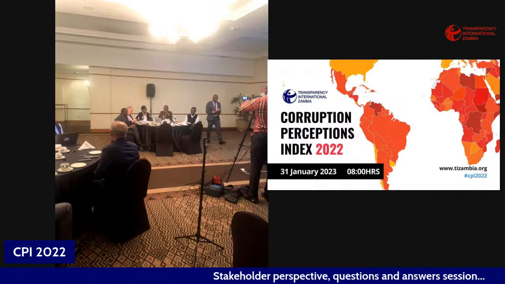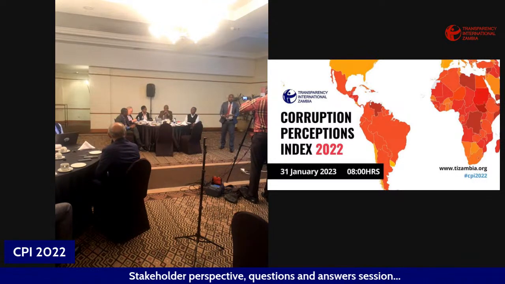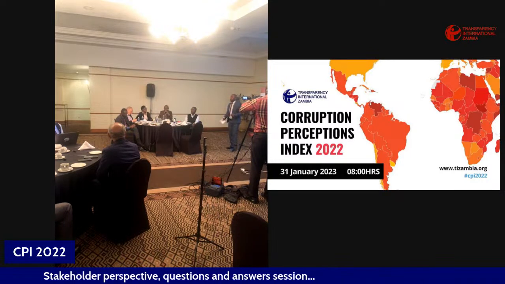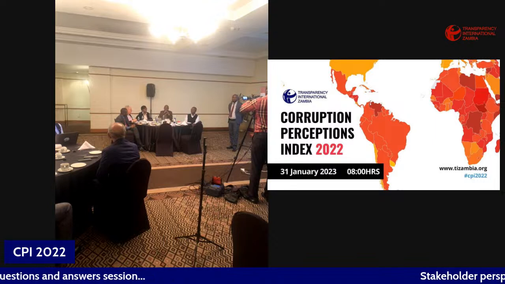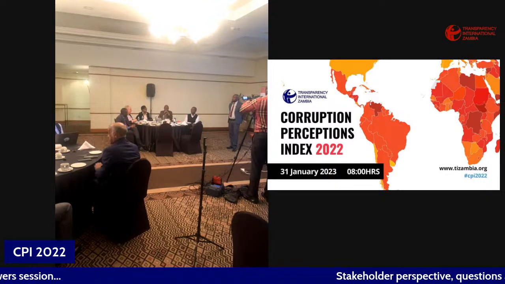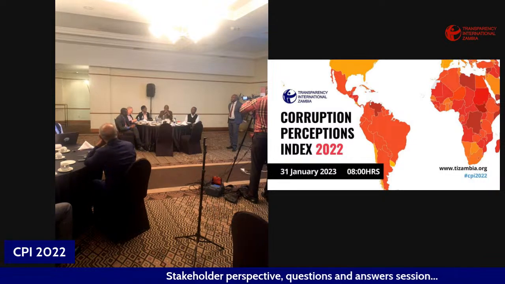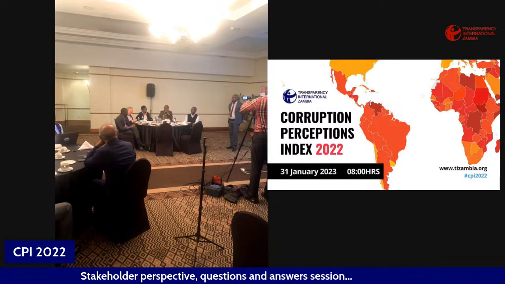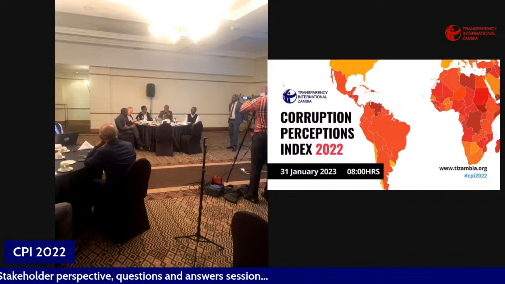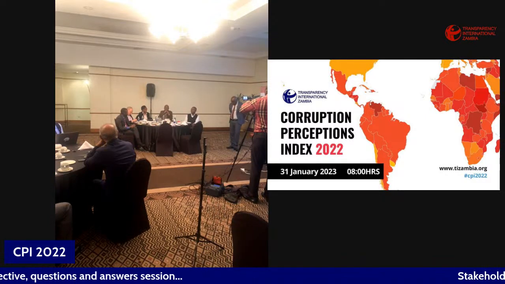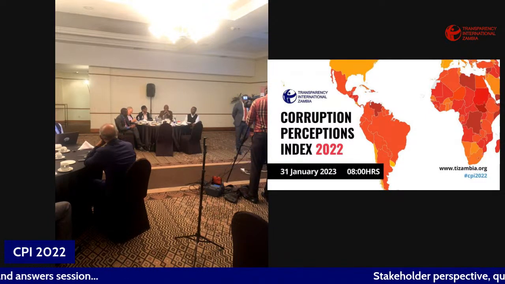Maybe I'll start with the issue of the Director of Public Prosecution. You are aware that Mr. Gilbert Piri, who is now the DPP, is the former Director General of ACC, and most of the cases that are there, he is the one who was working with those cases.